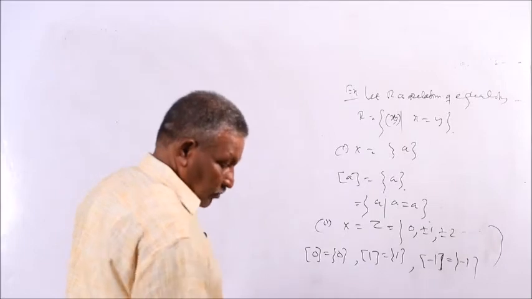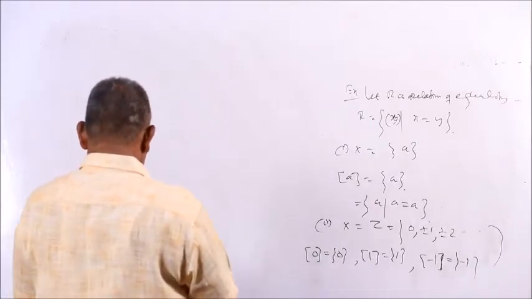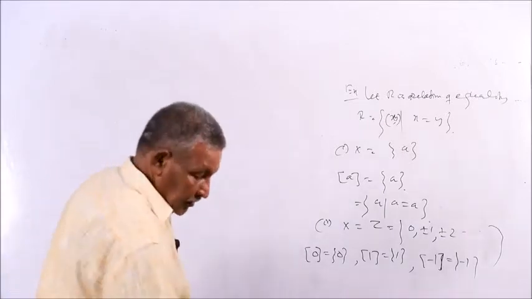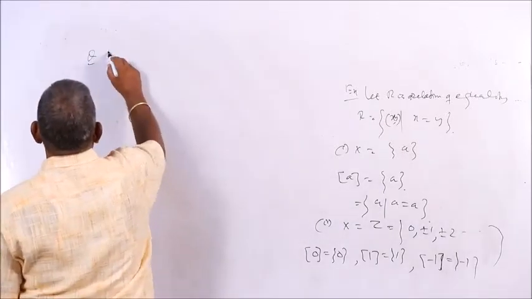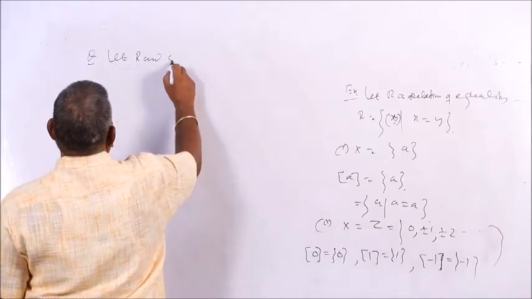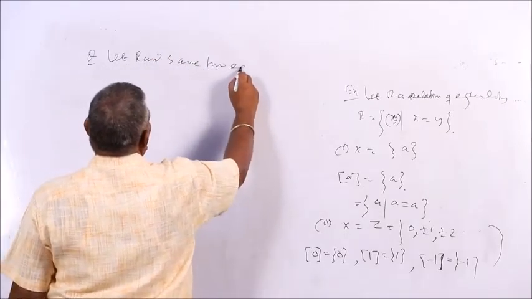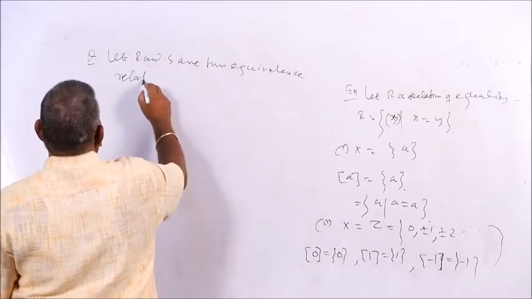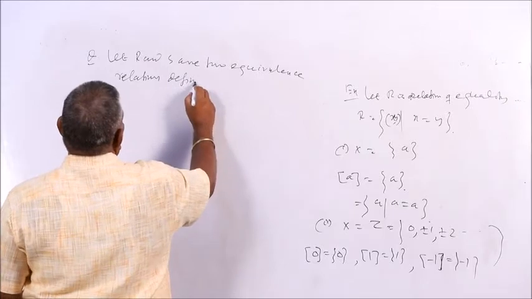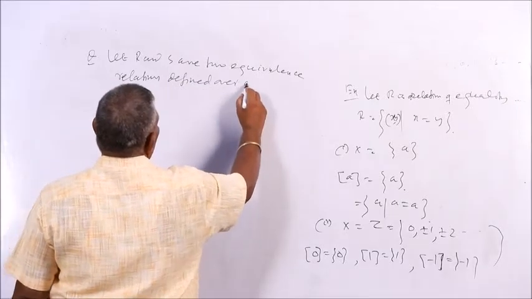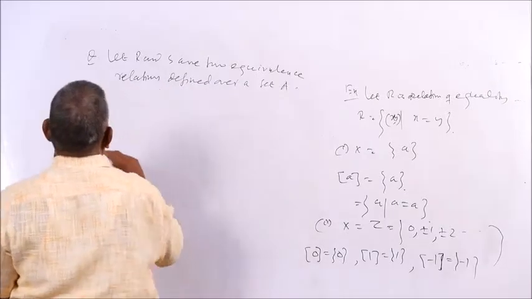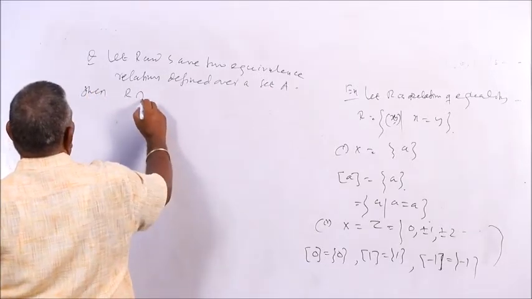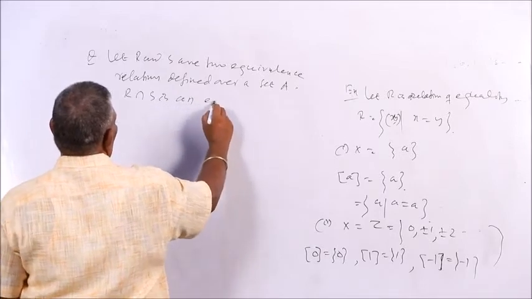Let us solve another problem. Let R and S be two equivalence relations defined over a set A. Then R intersection S is an equivalence relation.